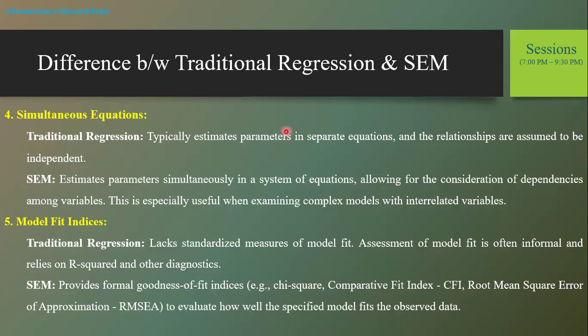But in case of regression, you need to estimate each dependent variable with a separate equation. So in case of SEM, you can do it simultaneously if you have more than one dependent variable. But in case of traditional regression, you need to consider each dependent variable as a separate equation. So this is especially useful when examining complex models with interrelated variables.